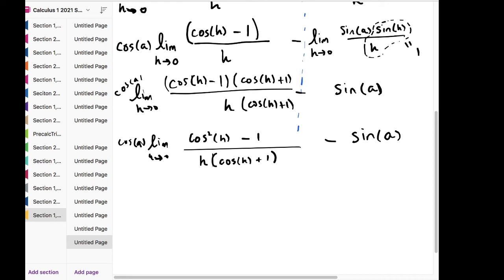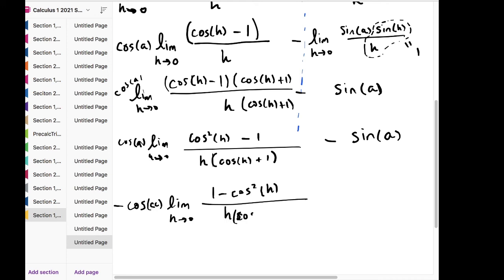Yeah, I guess you could do that. Here, let's make this easier. Why don't I factor out negative 1? Let's factor out negative 1, and then you get 1 minus cosine squared. And what's 1 minus cosine squared? Yeah, sine squared.